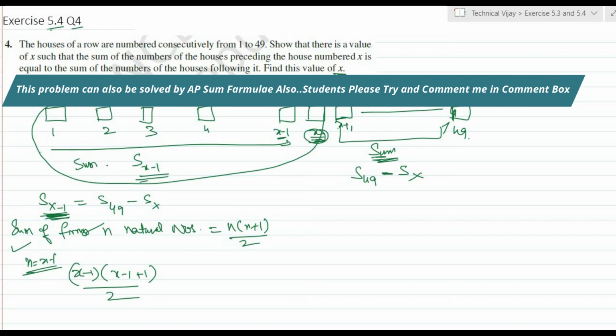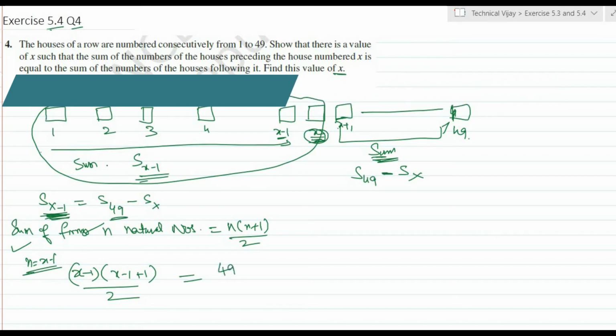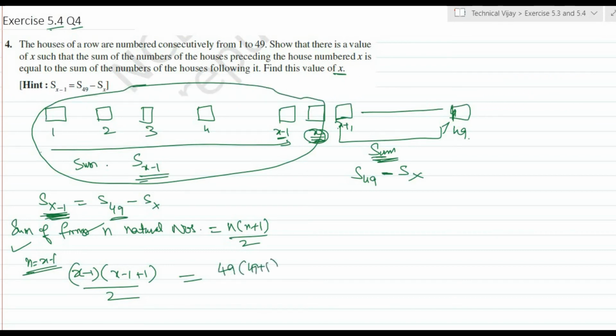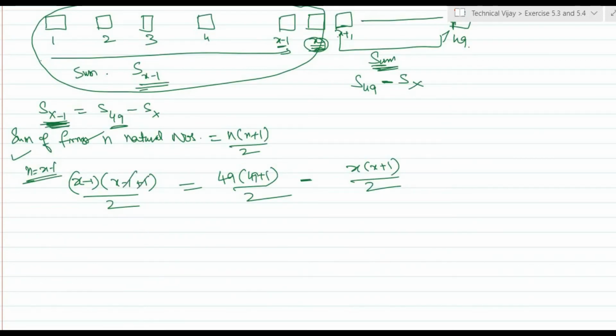So this S of x minus 1 is equal to S of 49, where 49 is the n: 49 into 49 plus 1 divided by 2, minus S of x, that is x into x plus 1 divided by 2. Here minus 1 plus 1 cancels, so x into x minus 1, that is x square minus x divided by 2, is equal to 49 into 50 divided by 2, minus x square plus x divided by 2.